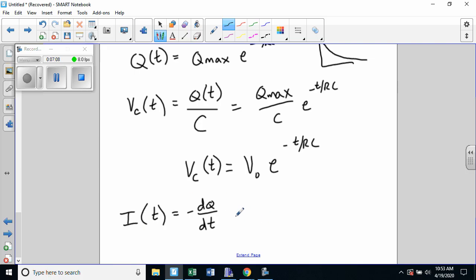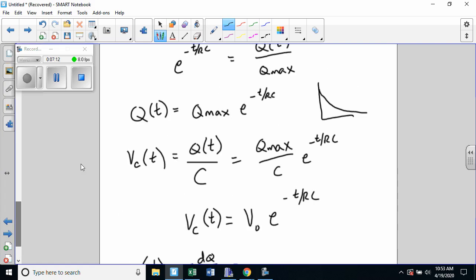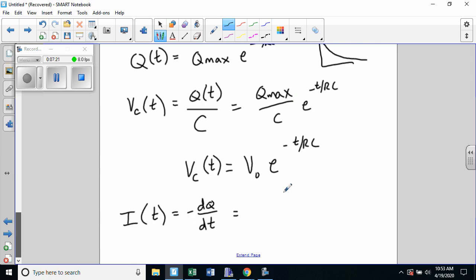Well, charge as a function of time was Q max e to the minus t over RC. The derivative of that is e to the minus t over RC times the derivative of the exponent. So we get minus Q max e to the minus t over RC times minus 1 over RC. Minus and minus makes a positive.